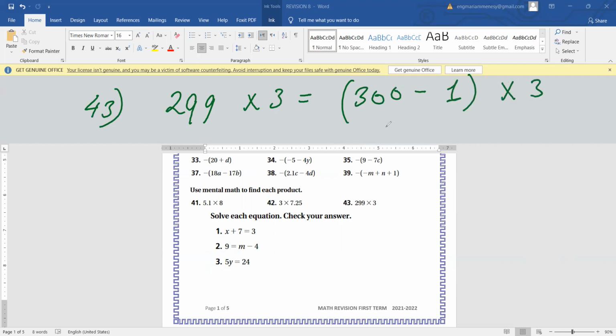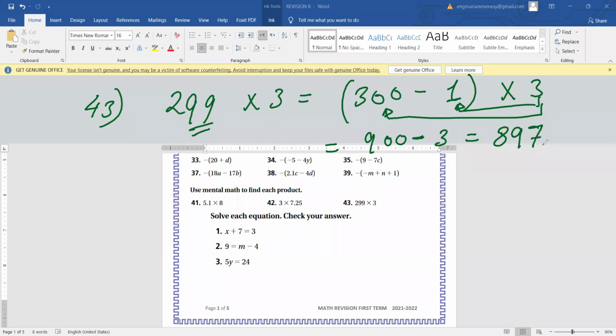Amazing. Then multiply 3 times 300, 900. 3 times 1, 3. We have minus 3. Then subtract, it will be 897. Okay, my dear. Easy?